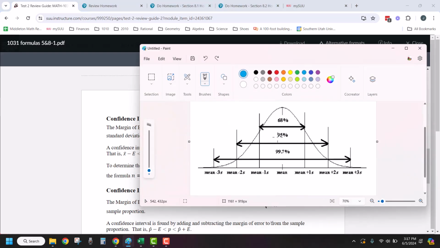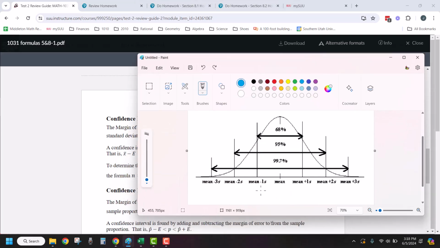Because technically, this 95% is a rounded number. It's actually 95.45%. And by making it just a little bit smaller, because 1.96 is slightly smaller than 2, that's what makes it exactly a 95% confidence interval instead of a 95.45% confidence interval.